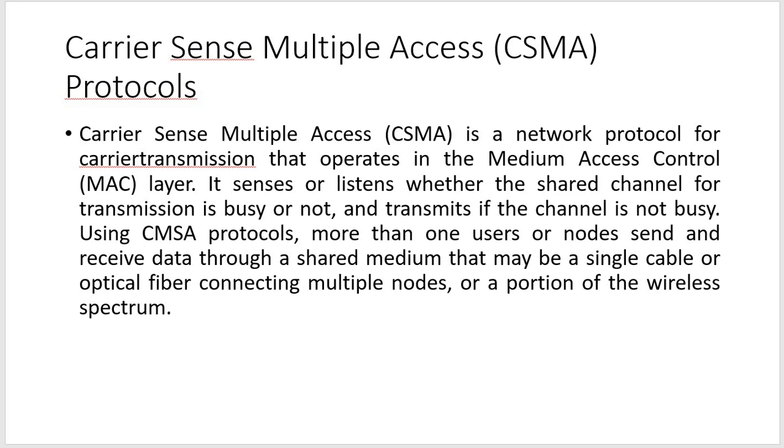That may be a single cable or optical fiber connecting multiple nodes, or a portion of the wireless spectrum. So in wireless spectrum, if we are trying to communicate to another device, we are using a single medium, so we have to sense. This is called carrier sense multiple access.